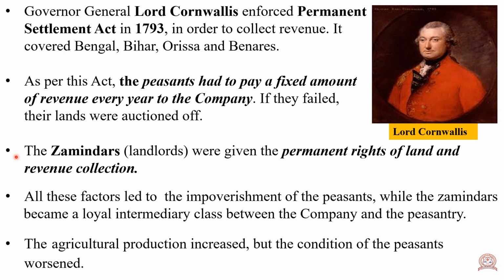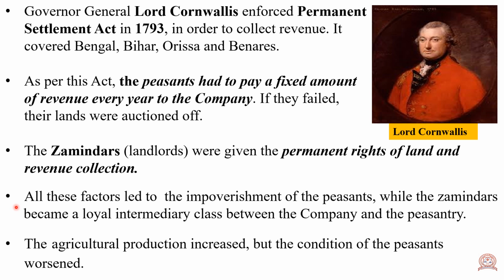The zamindars or landlords were given the permanent rights of land and revenue collection. This land revenue was collected by the zamindars from the peasants. All these factors led to the impoverishment of the peasants, while the zamindars became a loyal intermediary class between the company and the peasantry.